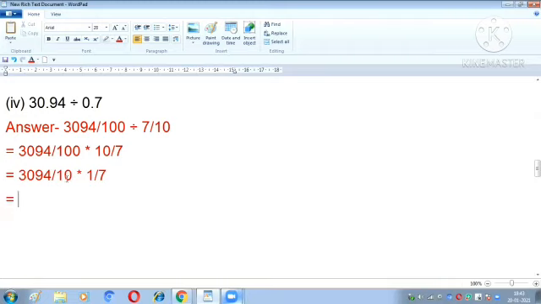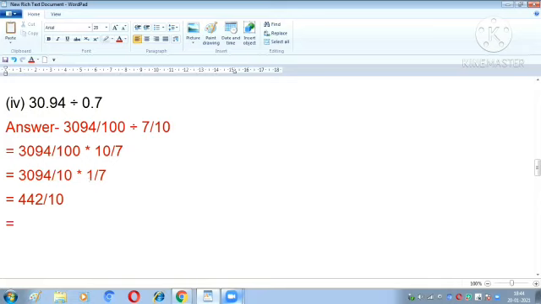Okay, so now 7 and 3094 can be cancelled out. Just divide these both numbers. So yes, these both numbers can be cancelled out. How? 7 multiplied by 1 is equal to 7, and 7 multiplied by 442, that is equal to 3094. Okay, so we will write 442 upon 10. Okay, because here is 1 upon 1, so no need of writing it.